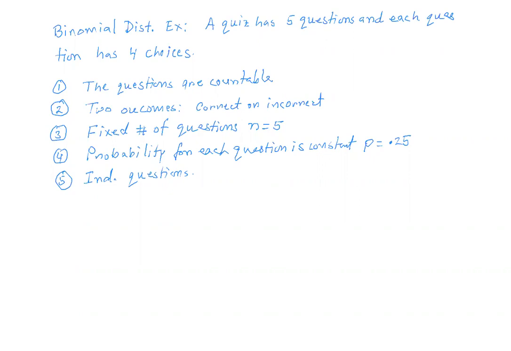Or how you answer question 4 is not going to influence the outcomes of questions 3 to 1 or 5, right? So you can see all the 5 characteristics of binomial distribution are satisfied by this quiz example. That's why I recommend remembering this multiple choice test, or MCQ. Sometimes I call it MCQ, multiple choice quiz.